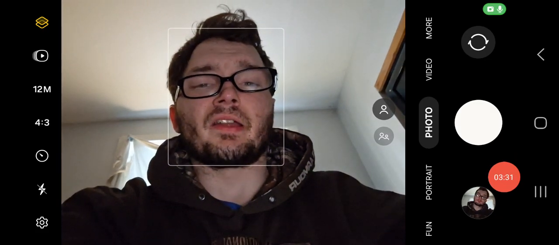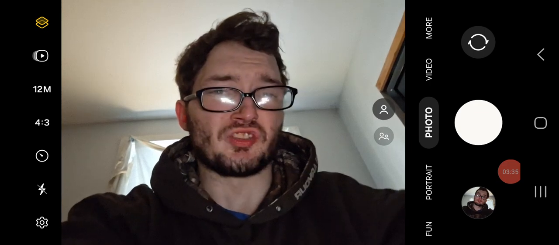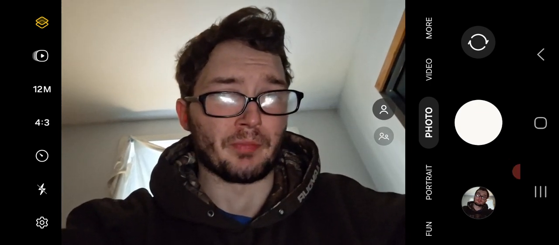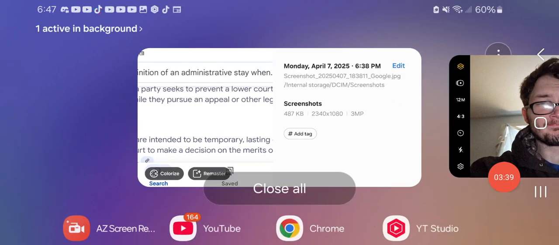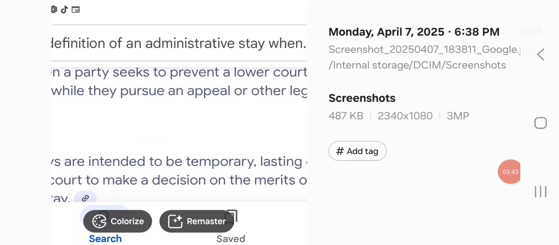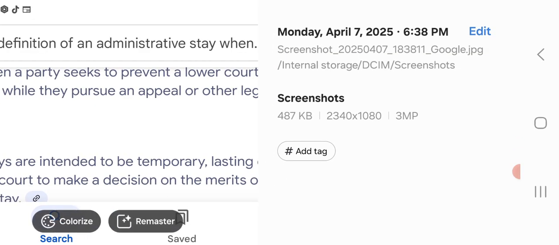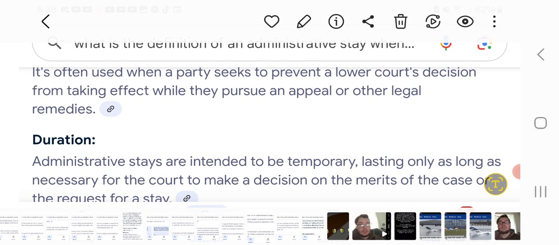Ladies and gentlemen, in this case, the party is the administration of Donald Trump, while they pursue an appeal or other legal remedies.